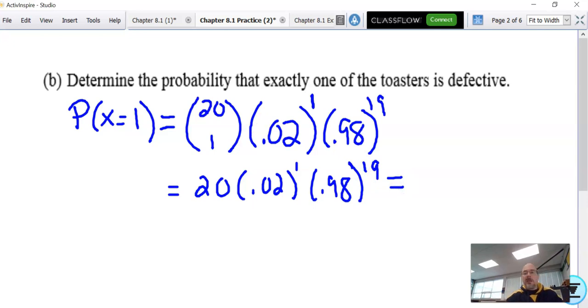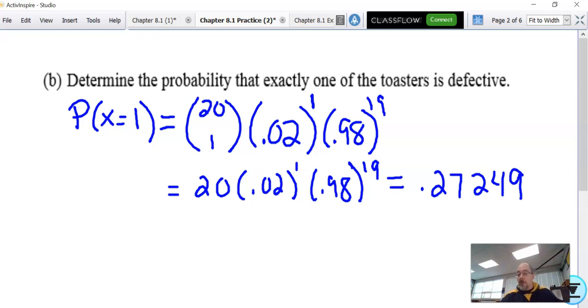To save time, that is going to be 0.27249. And then you would write a sentence. The probability that exactly one of the toasters is defective is approximately 0.27. You could round it.